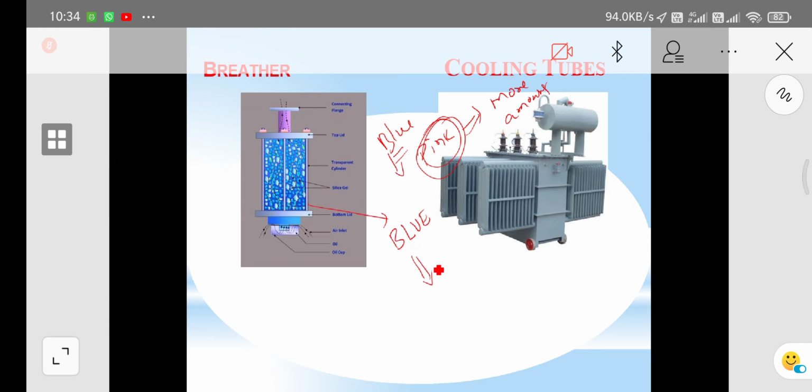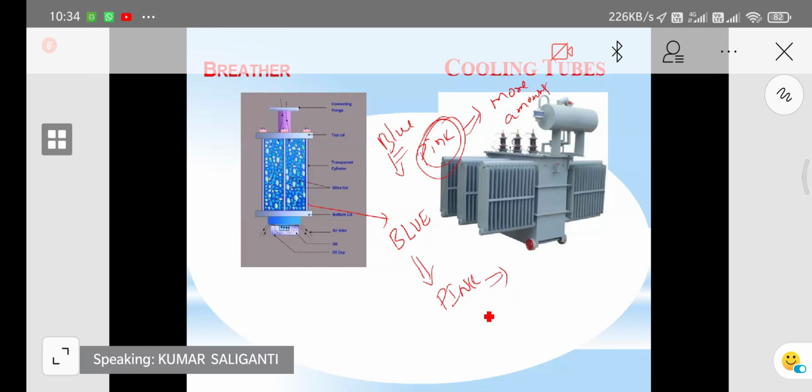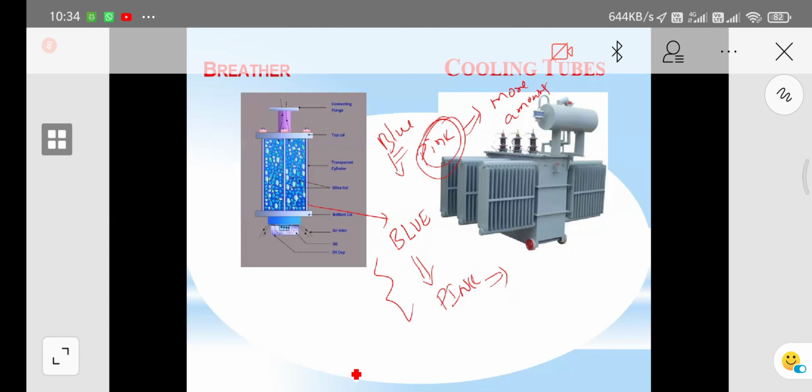But when the moisture enters the silica gel, it will turn pink. Then it is removed from the breather and dried up, and reused in the breather after the moisture has disappeared. This has been asked a number of times in complex examinations.